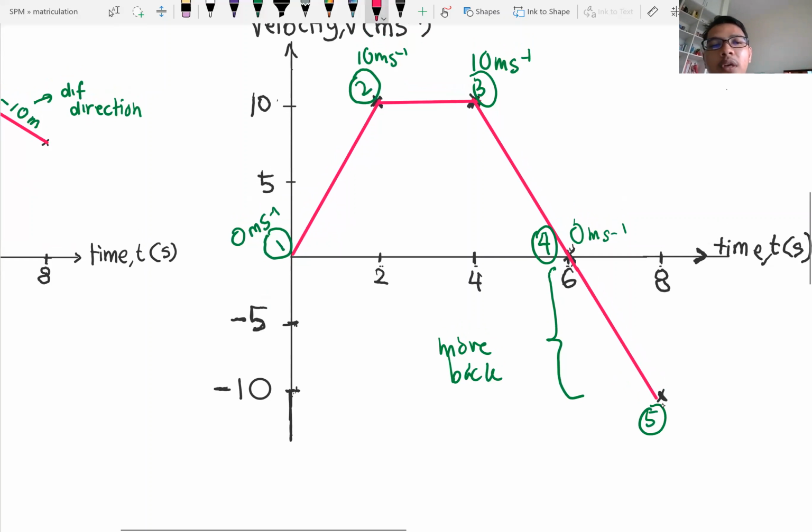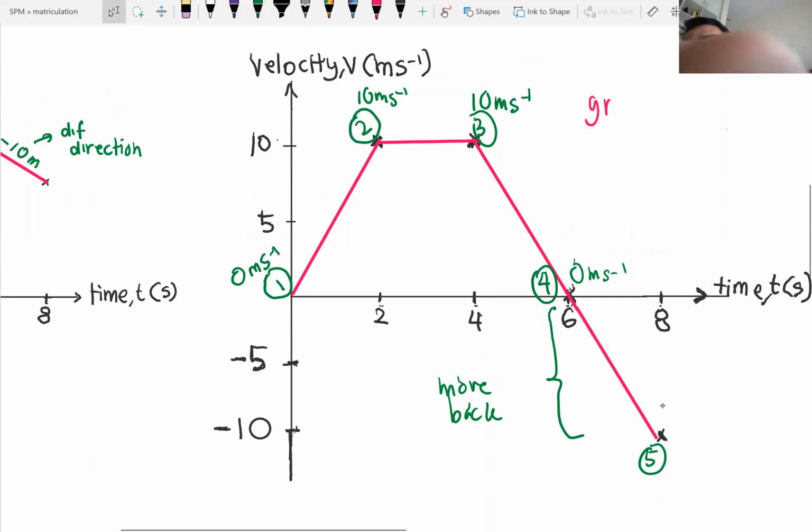So from this graph, you can find the acceleration by the gradient. For a velocity time graph, the gradient will show you the acceleration, which is the one that you got previously.